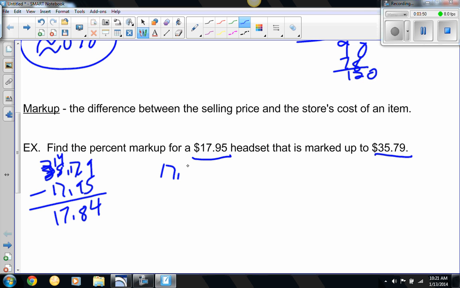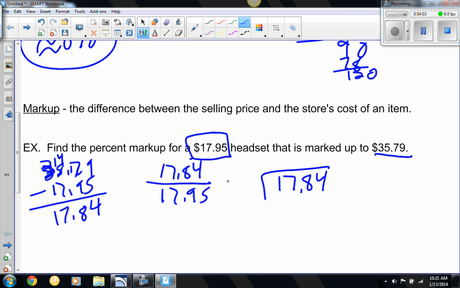So the amount of change is $17.84. And what did it start at? This, $17.95. Wow, those are pretty close to the same numbers. So $17.84 goes in the box. $17.95.